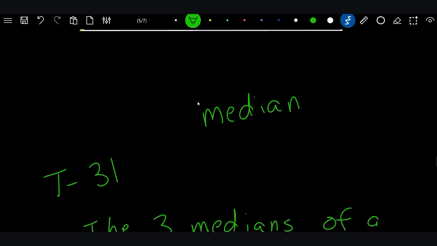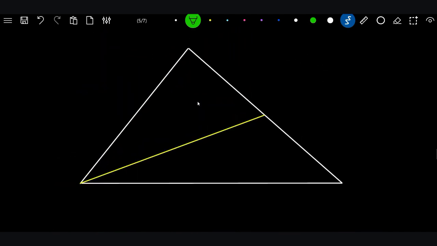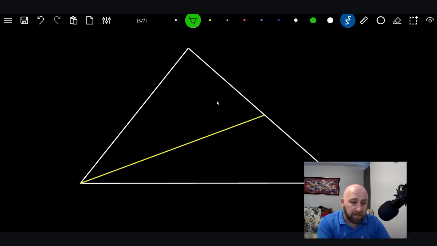So if we take the medians, what is the median of a triangle? As mentioned in section 1.10, so you could go back and look there, the median of a triangle is the line drawn from any vertex to the midpoint of the other side. So we are drawing something from the vertex to the midpoint.